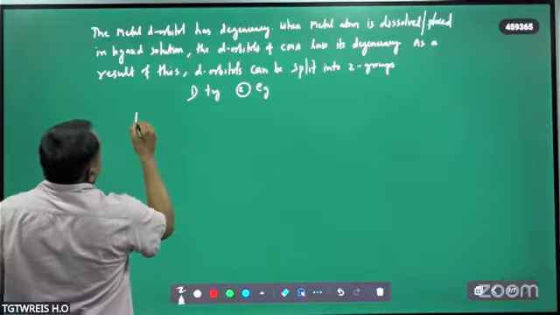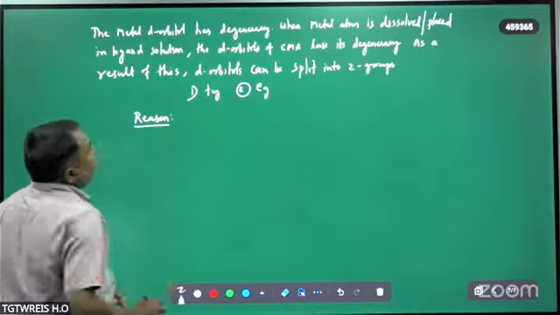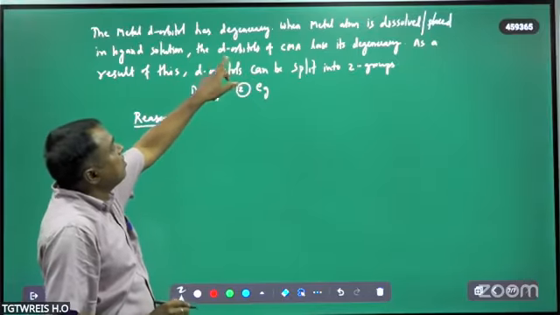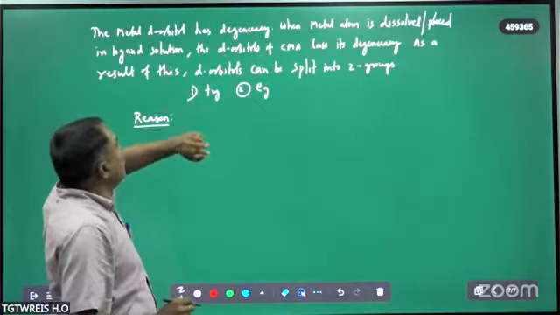So what is the reason behind this? Why do the d orbitals of the central atom lose their degeneracy?